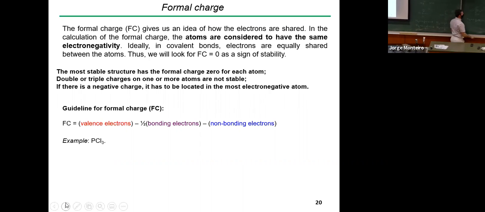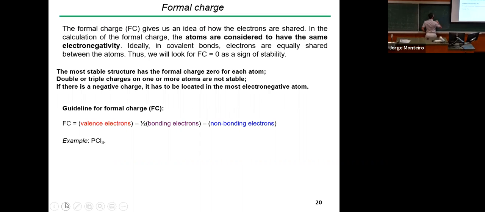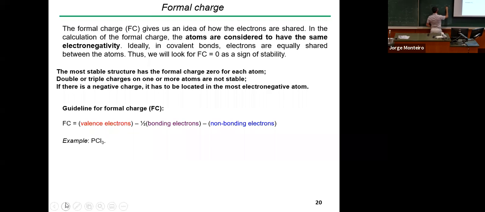Okay, oxygen double bonding is always 0. Oxygen single bonding is -1. The charge outside is 2 minus. We have -1, so therefore sulfur has to be -1.